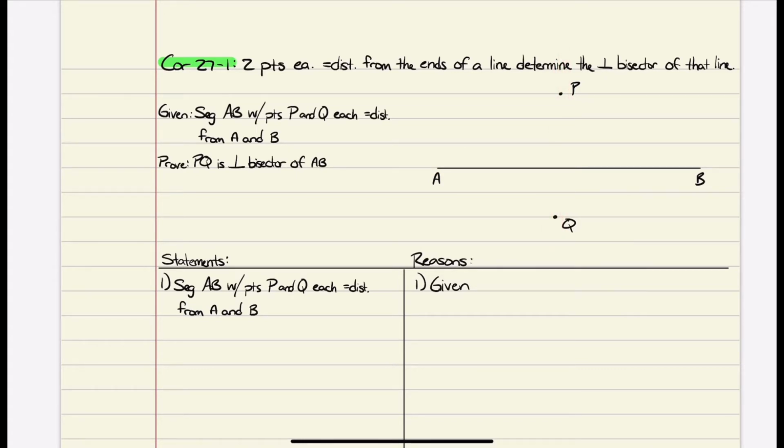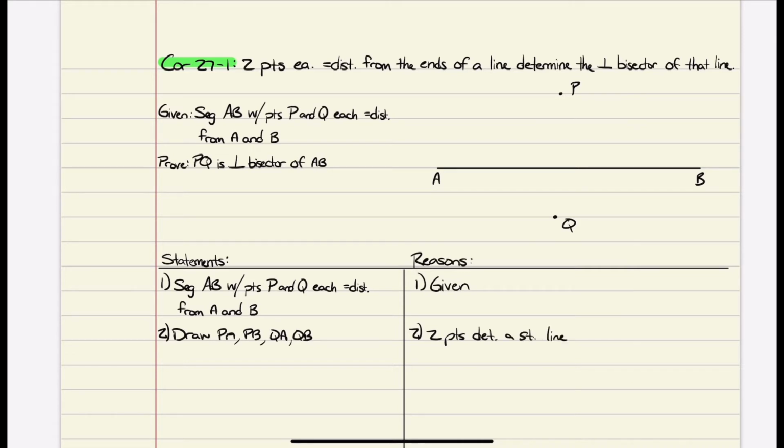So let's quickly draw some auxiliary lines. We're going to draw, number 2, draw PA, PB, QA, and QB. 2 points determine a straight line. Number 3, let's draw those.